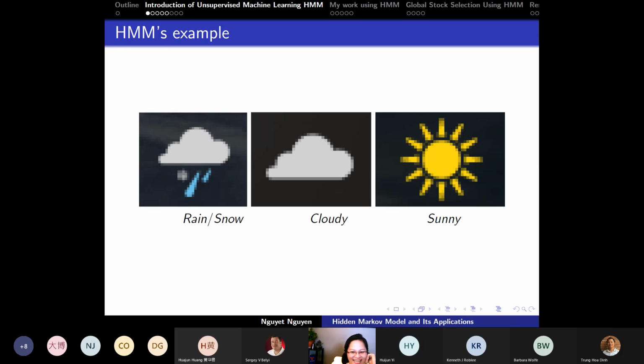If you observe this sequence, then you may want to predict what will happen tomorrow. What is the probability that tomorrow will be a sunny day, or what is the temperature the next day? Or you can even predict some coming severe weather in the area.